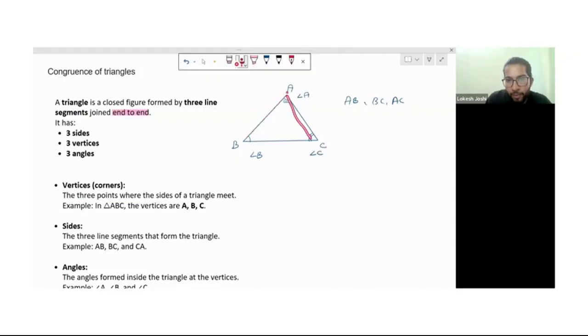So they meet at a point, so we can say A. Similar thing for C. Here these two sides meet, AC and BC. So we can say A, C and B are the three vertices of the given triangle. Okay.